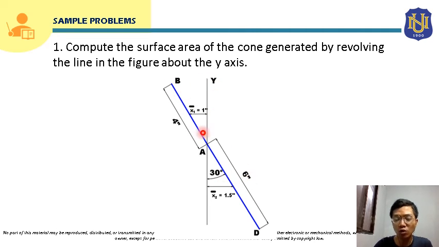So again, we are going to divide line BD into line AB and line AD, and revolve them separately about the y-axis to solve for the surface area generated by the cone, by revolving these two lines. So we are going to solve for the total surface area.